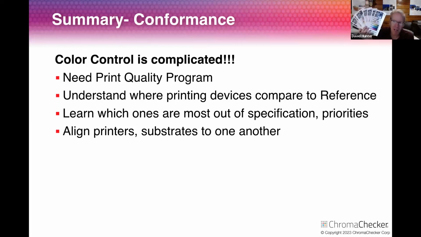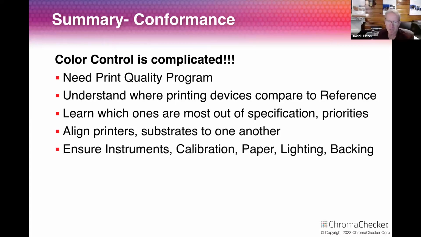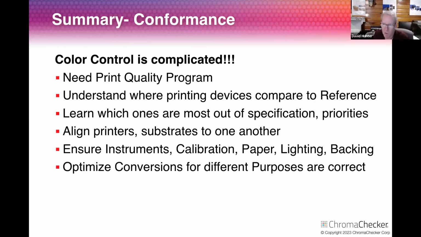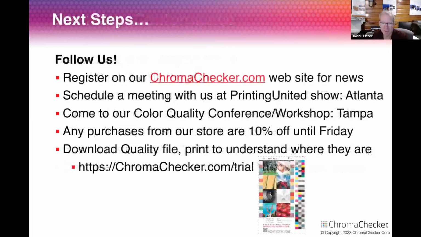But ChromaChecker tells them which 6 substrates need to be profiled to align them so that when you're printing on them, they match one another. These are some real unique capabilities that ChromaChecker provides users. And of course, it ensures all these other variables are where they need to be. And then, of course, optimize the conversions.